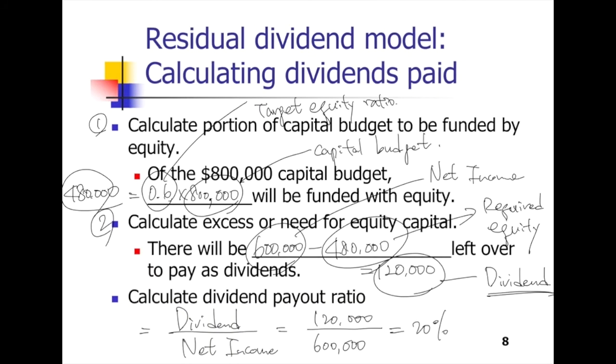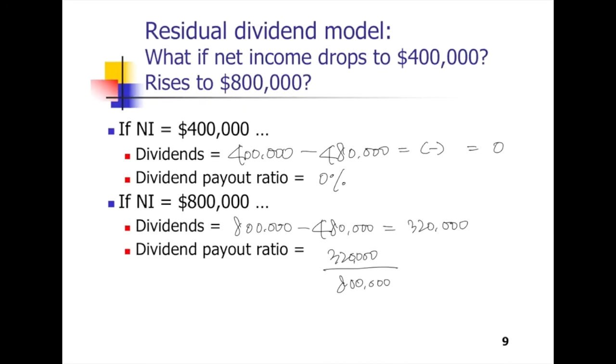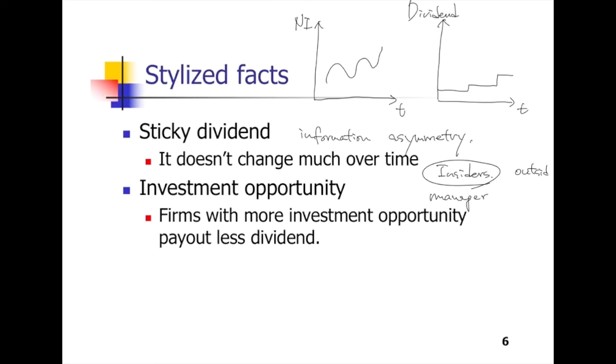As you can see, when the firm's projected net income is 600,000, the dividend payout ratio is 20%. But when net income changes to 400,000 or rises to 800,000, the dividend payout ratio changes much, right? As we learned before in the stylized facts, there is a sticky dividend phenomenon, right?